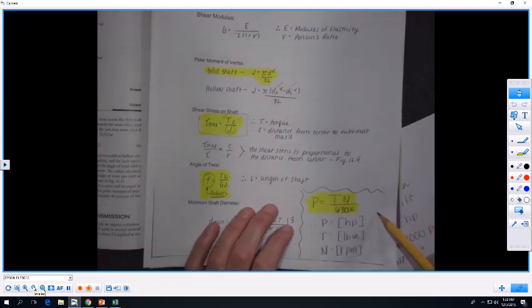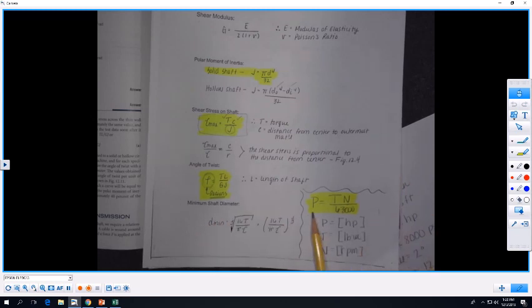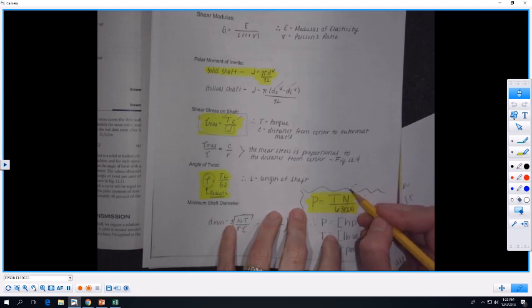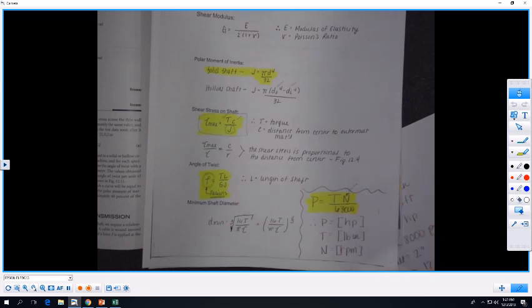If you recall, at the end of the chapter, we added power is equal to torque times rotational speed, so this is going to be the variable that we need to find, divided by 63,000. The 63,000 takes care of everything unit-wise so that our power is in horsepower, our torque is in pound-inches, and our rotational speed is in RPM. We don't have to do any additional converting because it's done already in the 63,000.